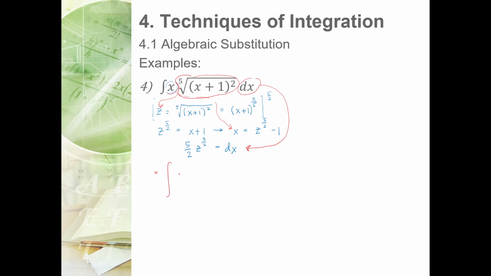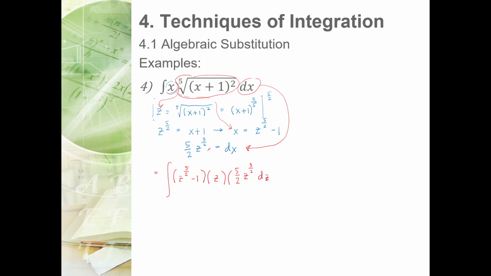Okay, so we now have x being z to the power of 5 halves minus 1, times z being the fifth root of x plus 1 squared, and then dx is 5 halves z to the power of 3 halves dz.